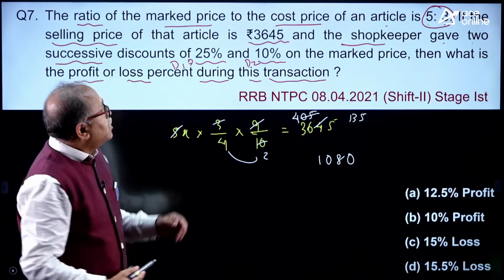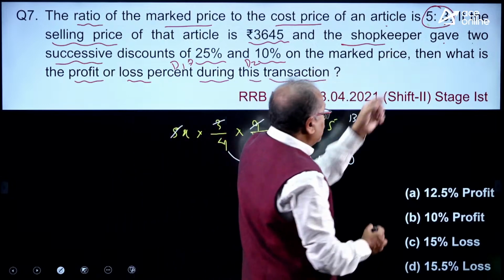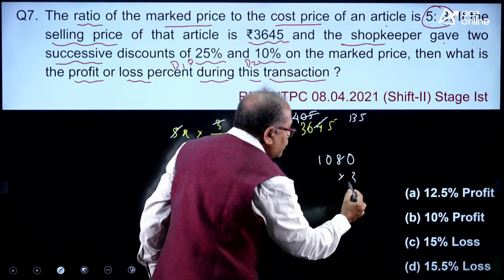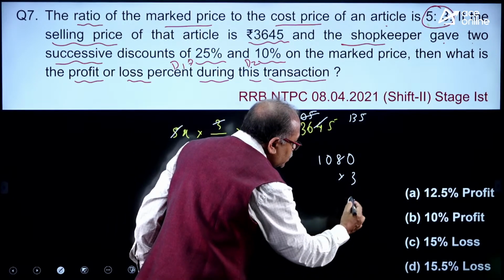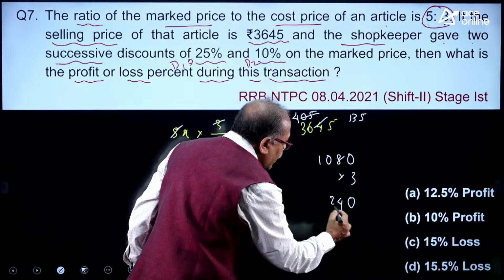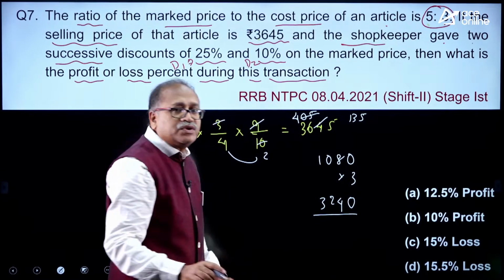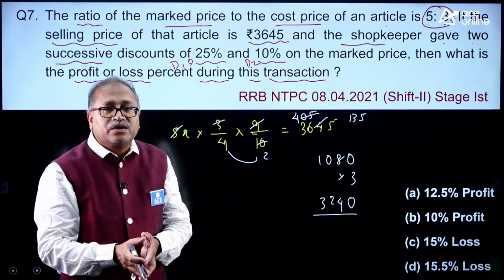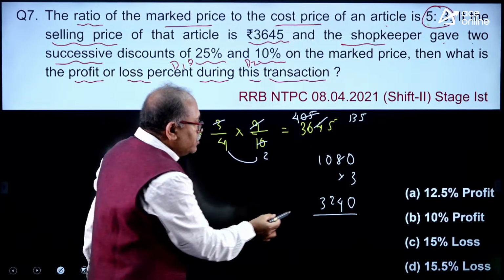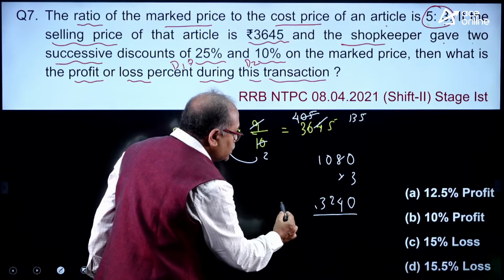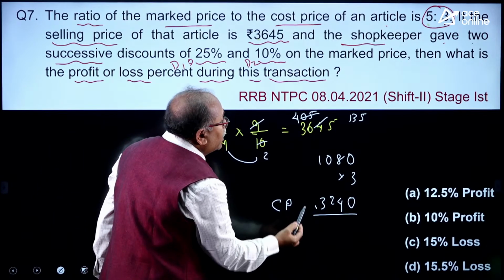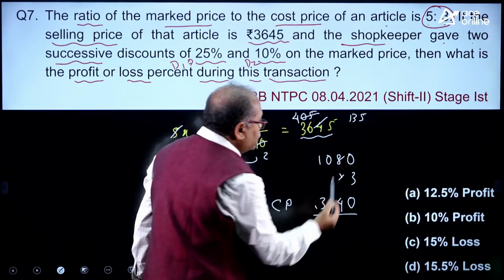What do I need? I need a cost price 3x. Multiply this by 3, you are getting that 0, 8 3 is 24 and 3. Very simple approach, I am moving on. I am not making the solution complicated. Now, what is this one? This one is cost price, and what is this one? This is your selling price.